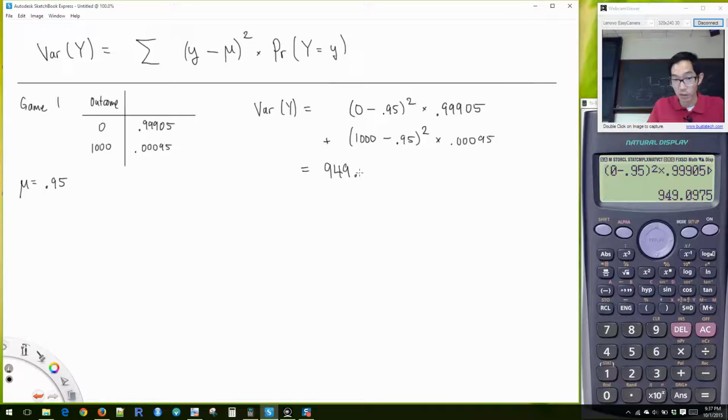of 949.0975. And so my standard deviation is then the square root of this. I get a standard deviation of 30.81.